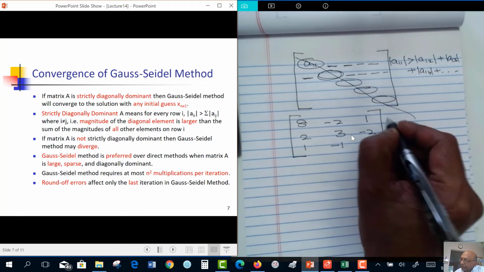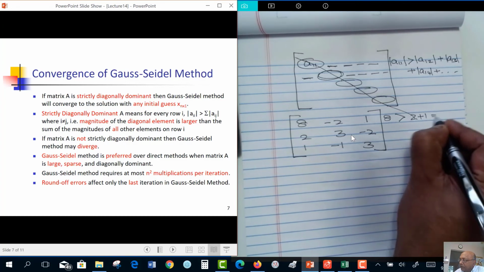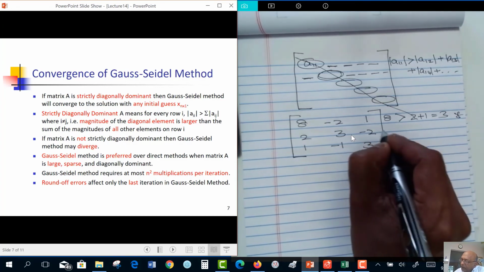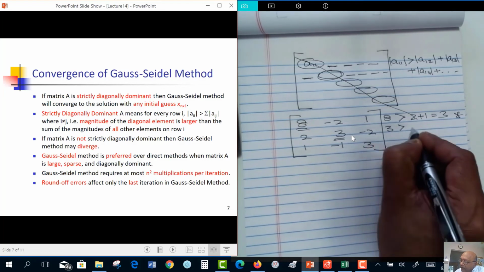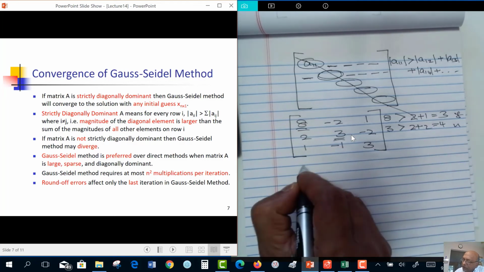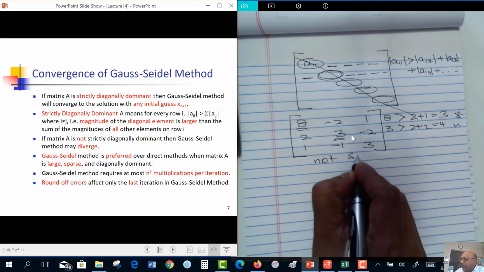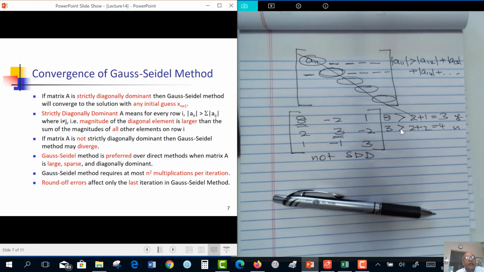So we check 8 greater than 2 and 1, which is 3, yeah. Diagonal element 3 greater than 2 plus 2, 4, no. So this is not strictly diagonally dominant. So here matrix A is not diagonally dominant. Gauss-Seidel is not guaranteed to converge. It may have diverged. In our case, it did converge.